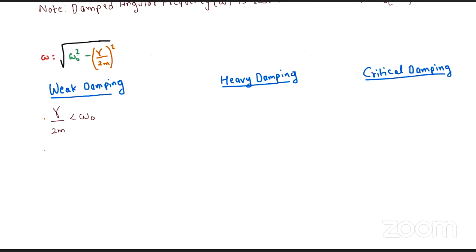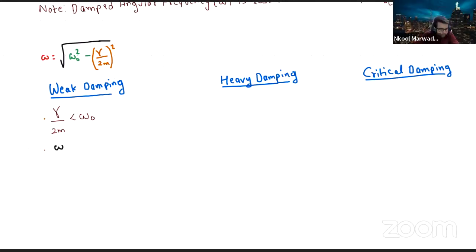Because the natural frequency is already higher. Mass doesn't play a role here, right? Omega will be real. See, just look at the under root. If omega naught is greater than this quantity, then definitely inside the under root we will have a positive number.